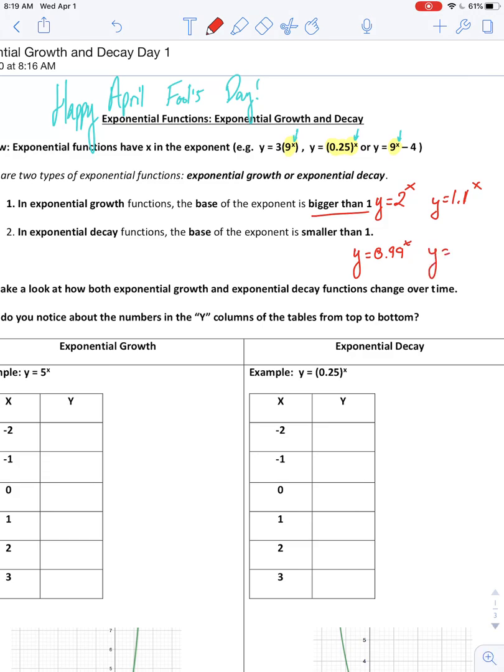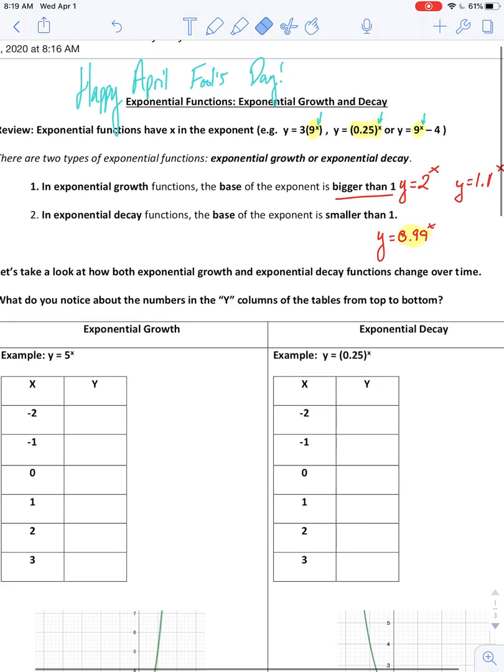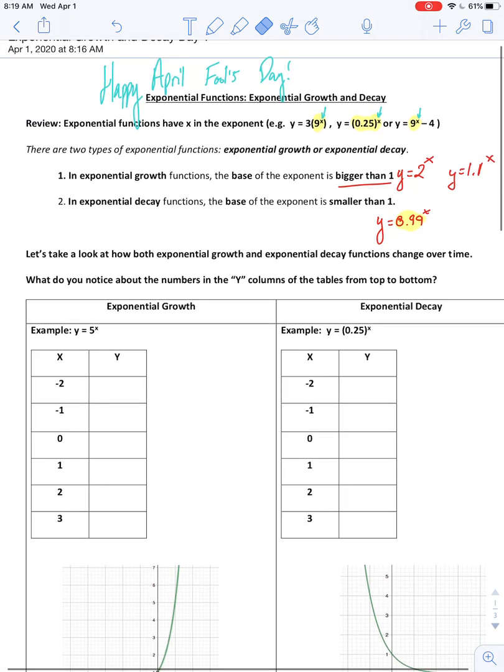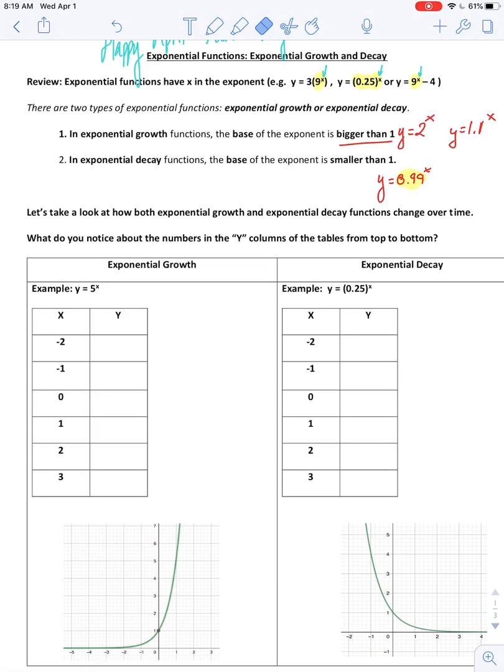So this could be y equals 0.99 to the x, or y equals 0.2 to the x. As long as the base here is smaller than 1, I've got an exponential decay function. So we'll keep an eye out for those.